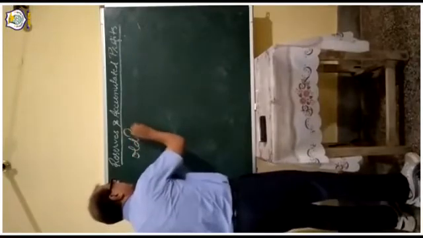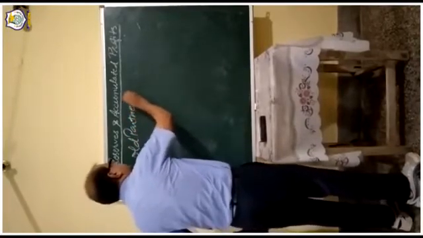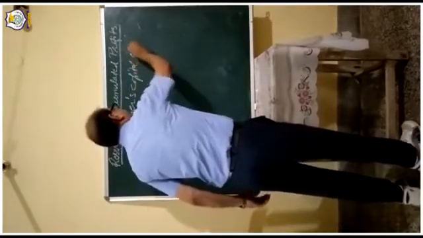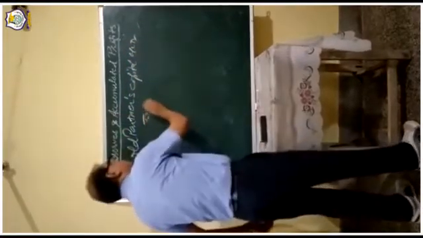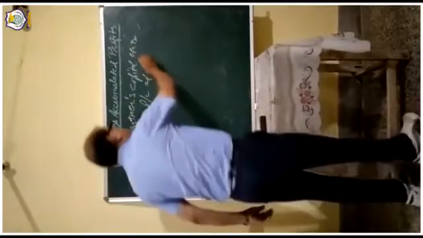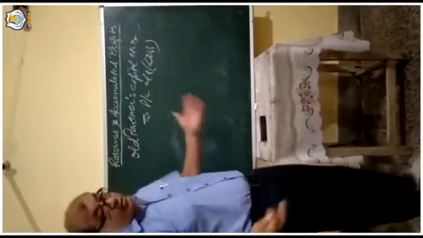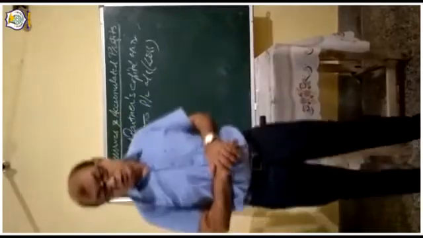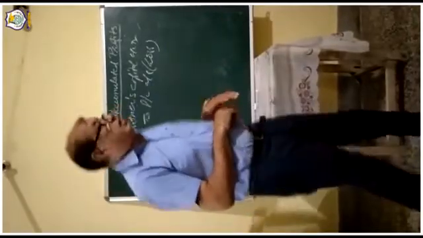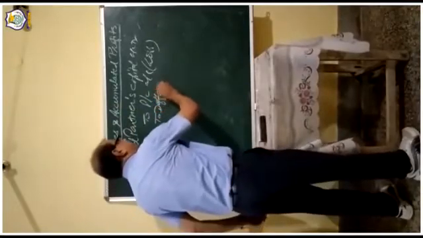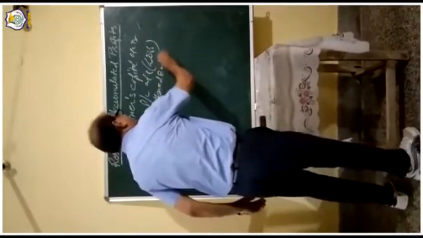How do we distribute? Old partners' capital account debit to P&L account. This is the loss that we are distributing. Suppose expenditure is also given, so to deferred expenditure also we have to credit.